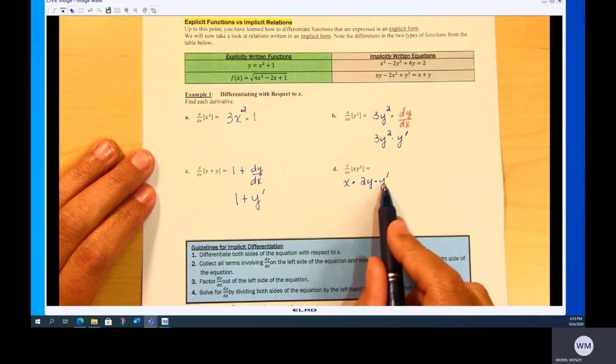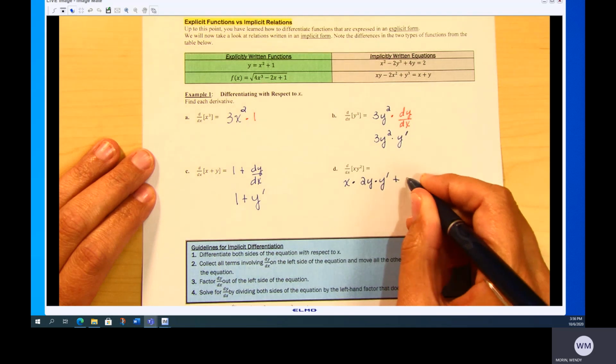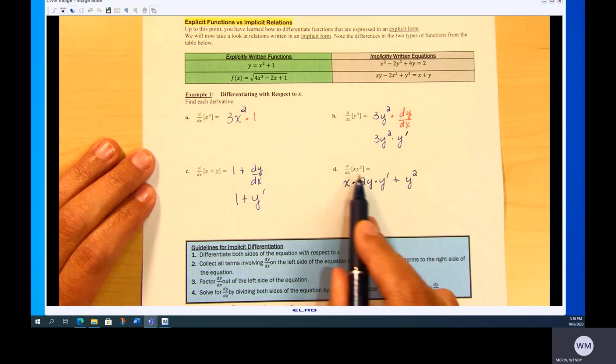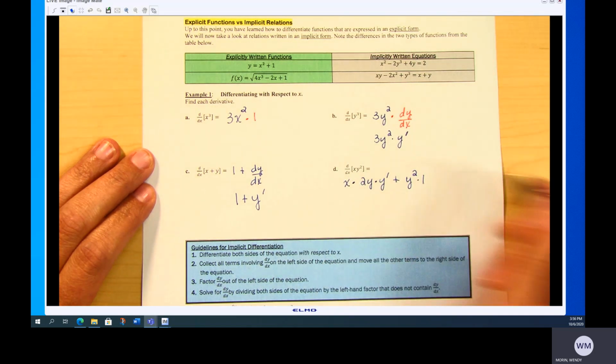So first times the derivative of the second plus the second times the derivative of the first. The derivative of x with respect to x is just 1. The derivative of y with respect to x is y prime, or dy dx. Okay? So that's your answer. And you can simplify.